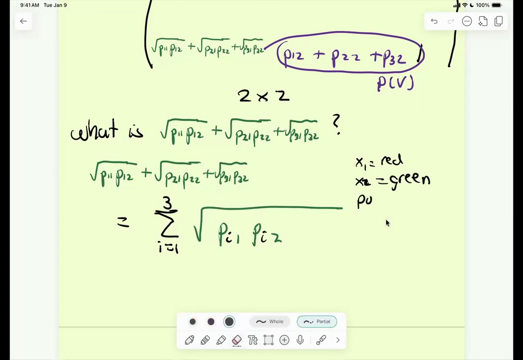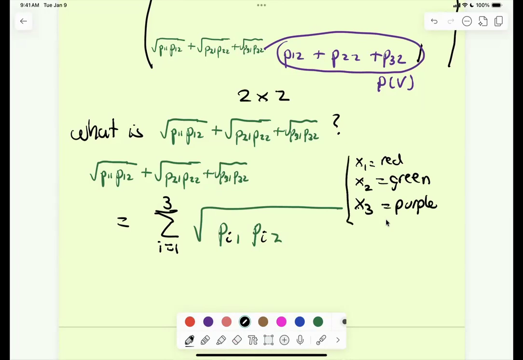Let me call them the colors X1, X2, X3, just to make it easier. This is just the name for the colors. And the fruit and vegetable were in that order, so I'll call them Y1, which was fruit, and Y2, which was vegetable.